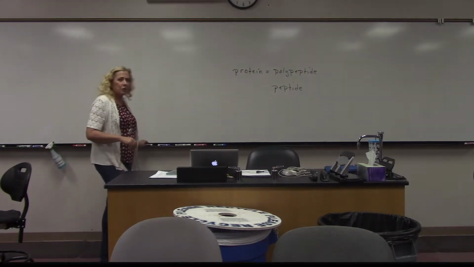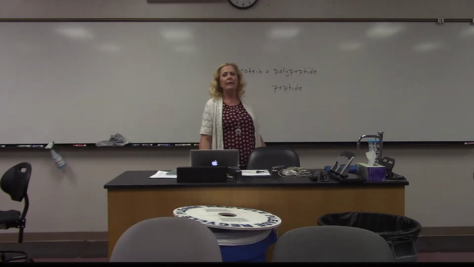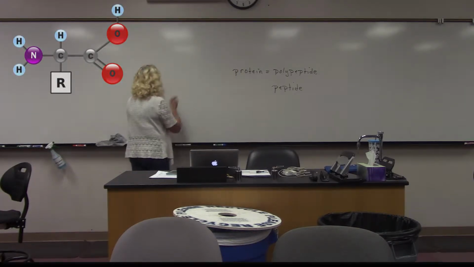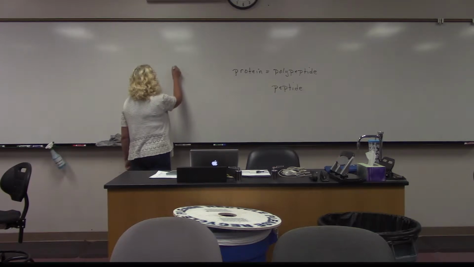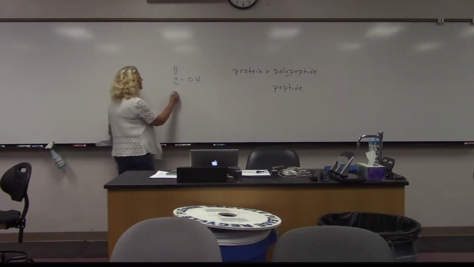Now, each amino acid, like you can see in the picture here, has a carboxylic acid group. So if you remember, carboxylic acids are going to be that C double bond O, OH group. This is our carboxylic acid.